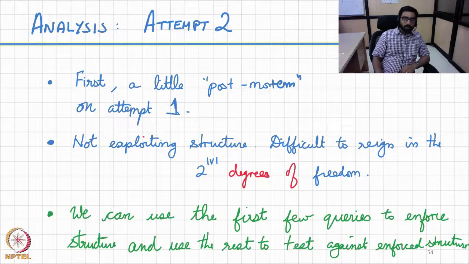And so the way we're going to do that is the following. Remember, the enforced part is implicit. What we're going to do is just treat the first few queries as enforcer queries, and those first few queries will create a structure, and then the rest will be used to test against that structure.